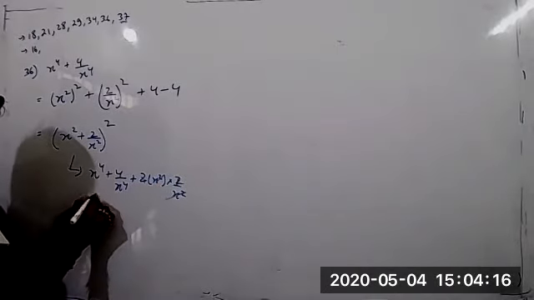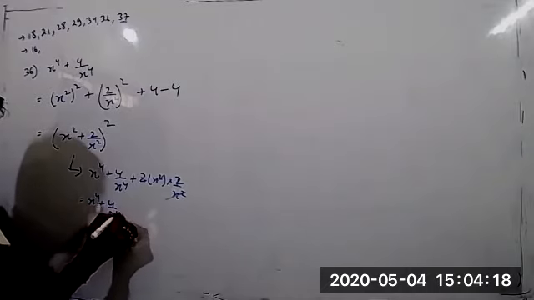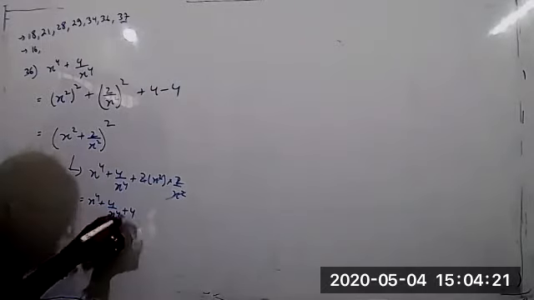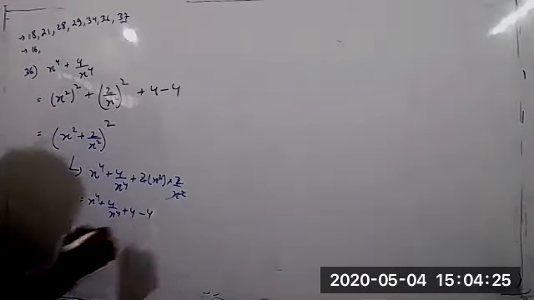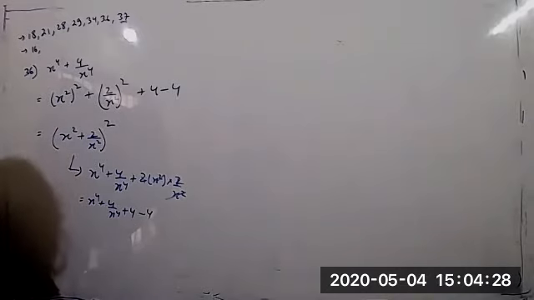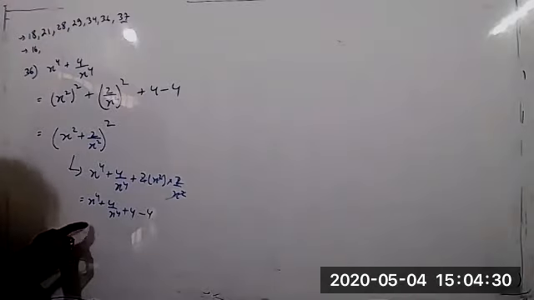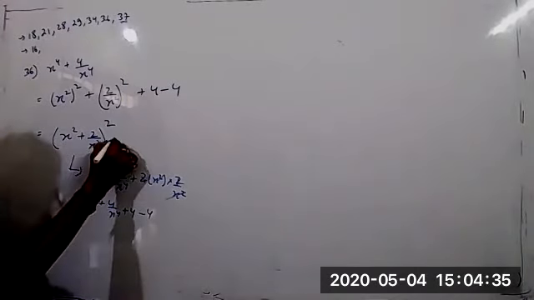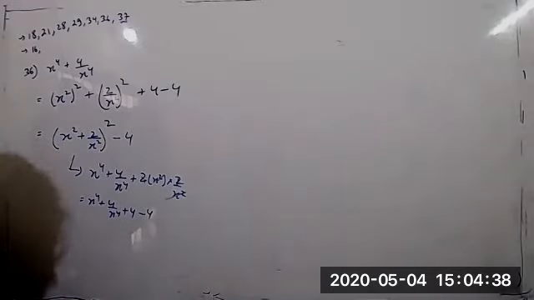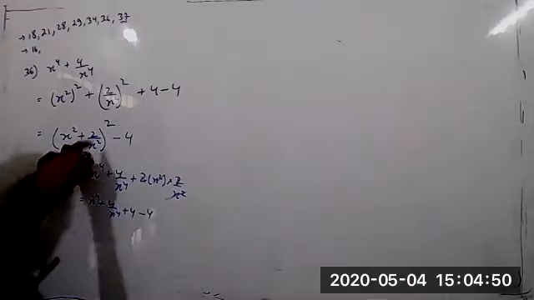This is equal to x to power 4 plus 4, and this 4 is coming extra because this is your question, so you are subtracting 4. Isn't it? Is this step clear to everyone? Please tell me why he is adding and subtracting. Is it clear? Nobody will tell, so I don't understand. Okay, so you have done it this way.